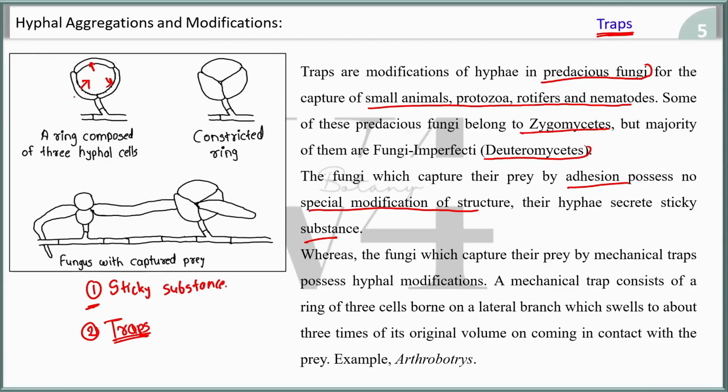Whenever the nematode crawls through this ring, the volume of cells in this ring increases by 3 times. This is how the prey gets trapped. These mechanical traps can be found in different predaceous fungi. The example here is Arthrobotrys.